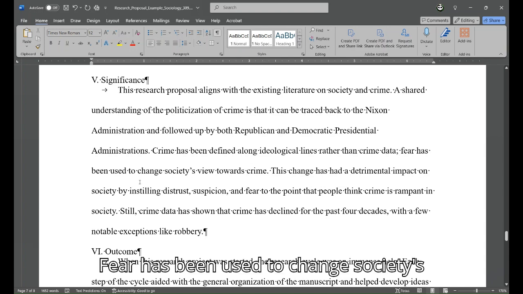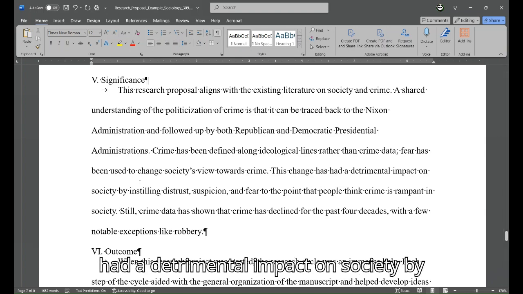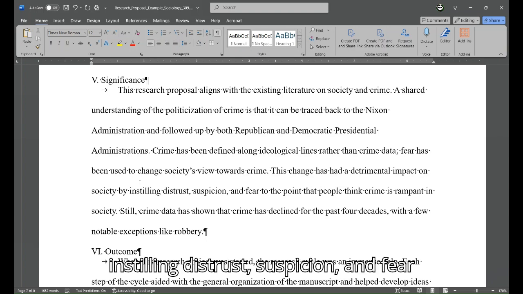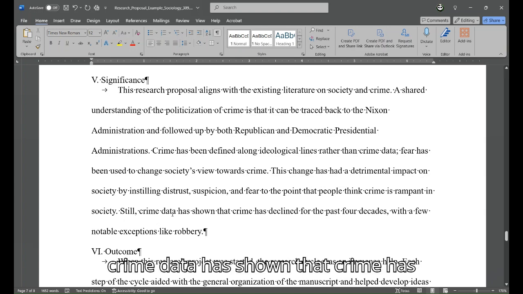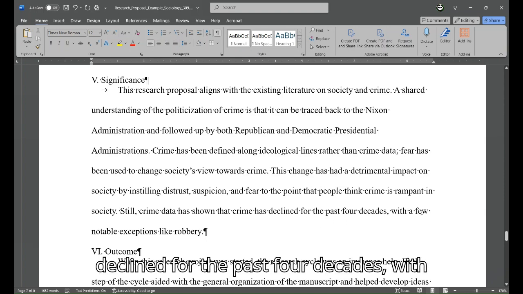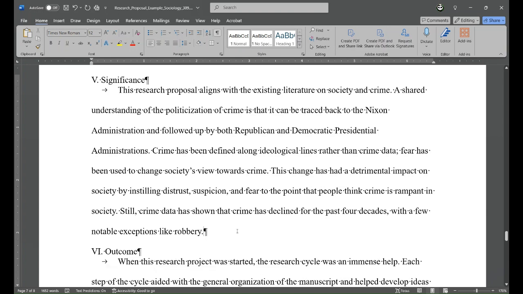Fear has been used to change society's view towards crime. This change has had a detrimental impact on society by instilling distrust, suspicion, and fear to the point that people think crime is rampant in society. Still, crime data has shown that it has declined for the past 4 decades, with a few notable exceptions like robbery, which has gone up.